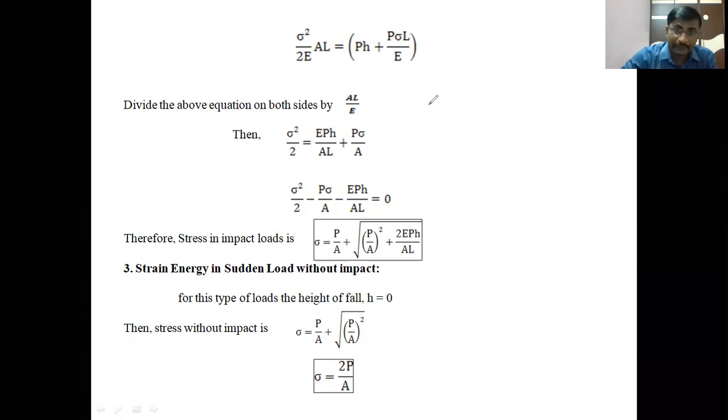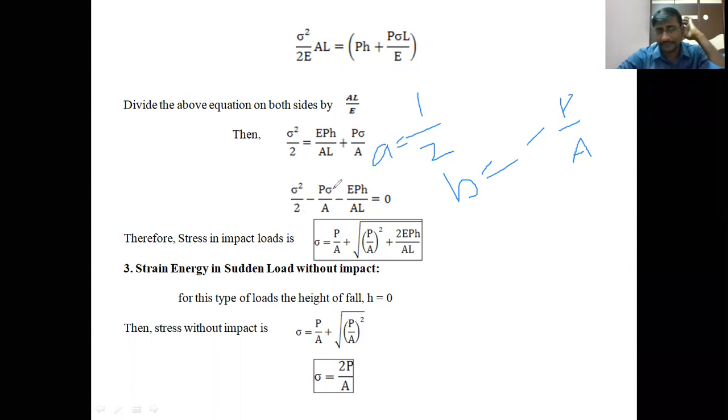In place of A, 1 by 2 is there. So in AX square plus BX plus C equal to 0, A equals 1 by 2. In place of B, what is the value? Minus P by A is there in place of B. X here is sigma.